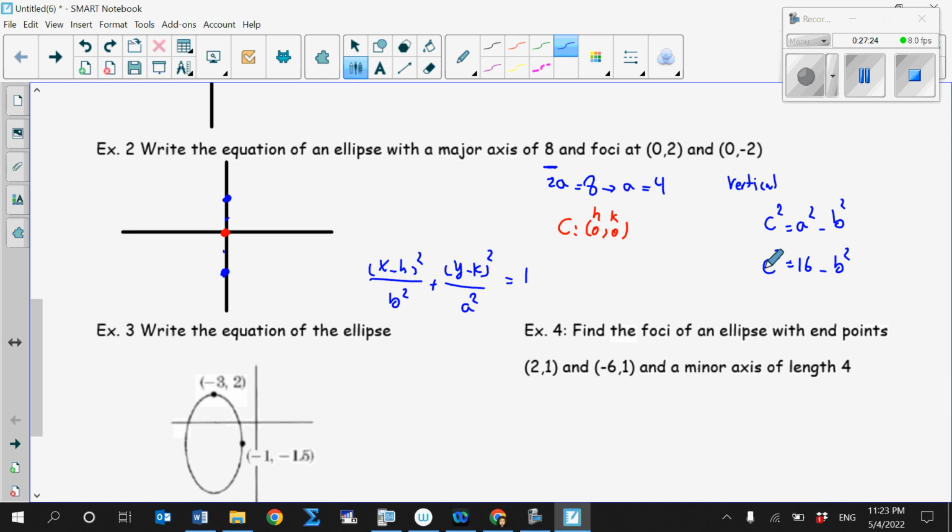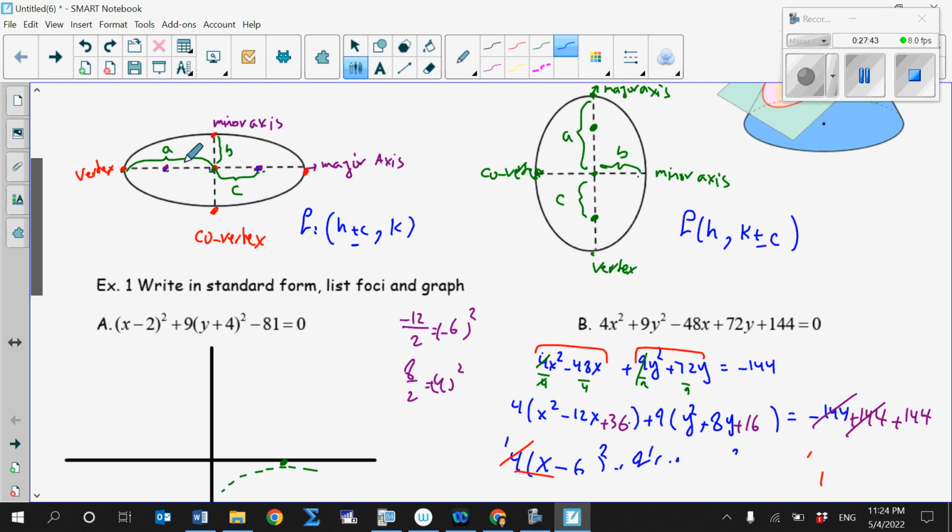So basically we have two missing terms here. But I can find c from the graph that we have here, because we know that c is the distance between the focus and the center. We saw that here: distance between focus and center.